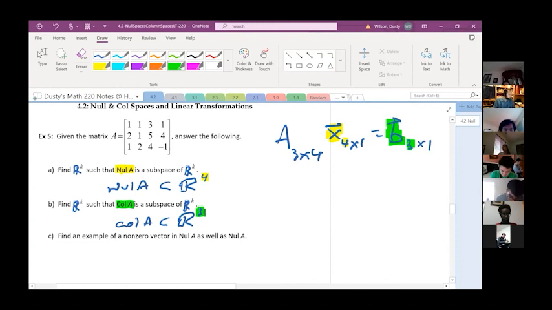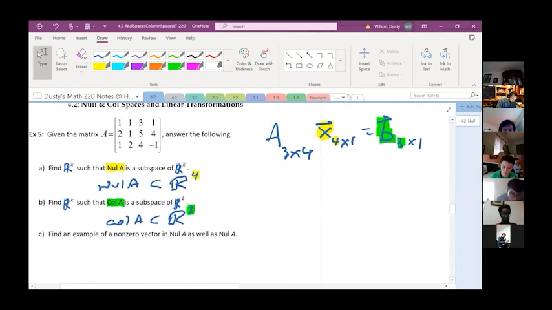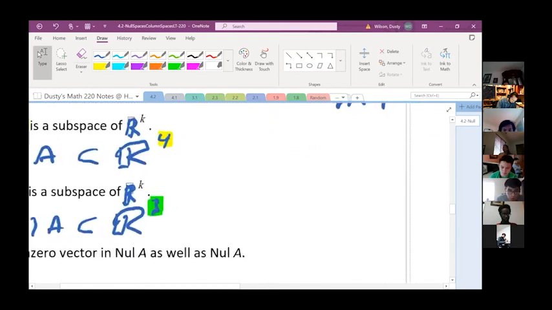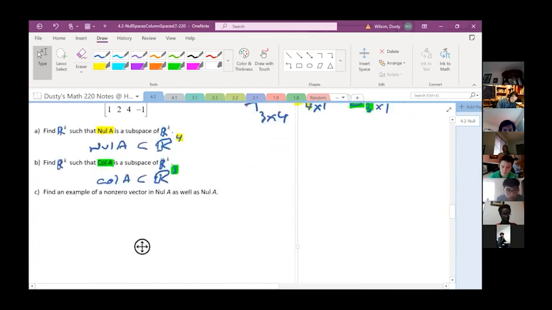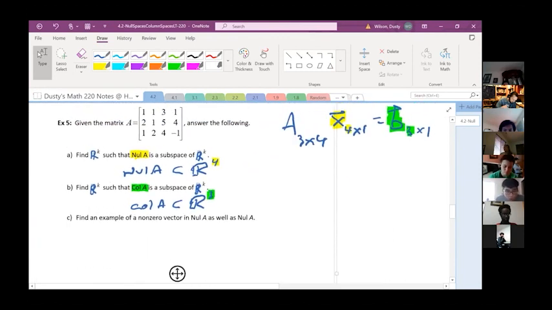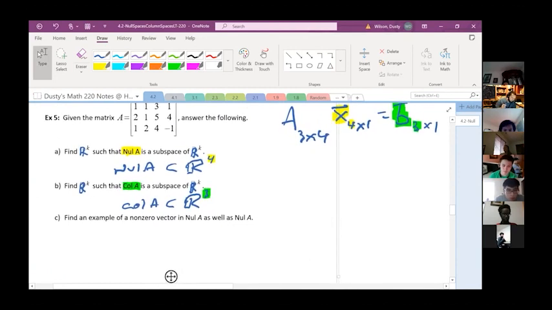Okay. So in this next part C, we want to find a non-zero vector in the null space of A. Remember, 0 is always in every subspace. So just saying find a vector is kind of boring. You just say the 0 vector. So we don't want to do that. Okay. So we're going to try to solve AX equals 0.